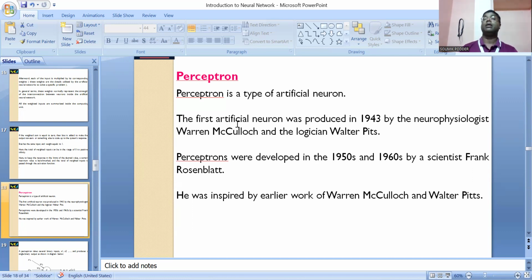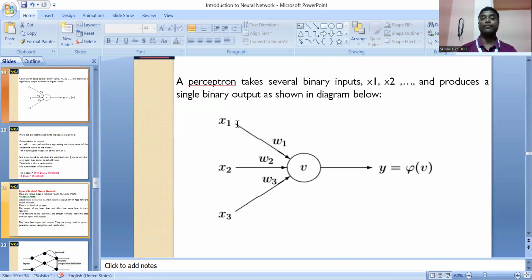That's why ANN is also called the multi-layer perceptron, because the perceptron has only a single hidden layer. The first artificial neuron was produced in 1943 by the neurophysiologist Warren McCulloch and the logician Walter Pitts. After that, the perceptron was developed in the 1950s and 1960s by the scientist Frank Rosenblatt.